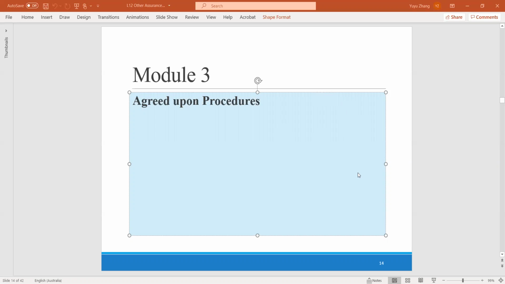Who will be reported to by the auditors in an agreed-upon procedures engagement? To the shareholders? To the directors? To the management?